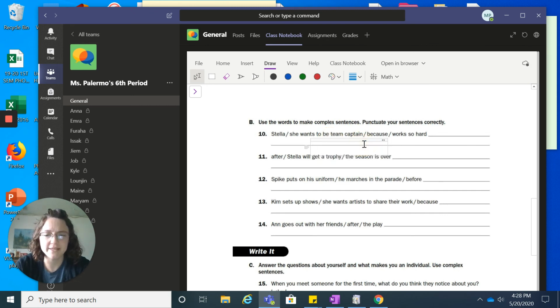I think it should be Stella works so hard. Oh, spelling well would be good. Stella works so hard because she wants to be team captain. You're not going to change any of the words. You're just going to put them in the right order so it makes sense.